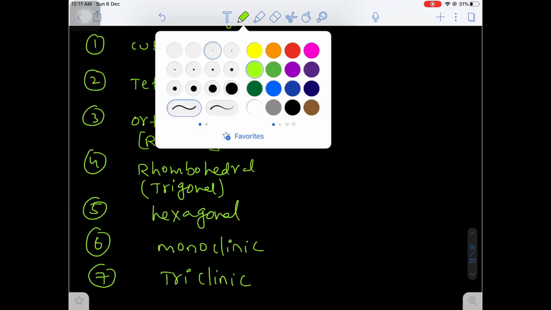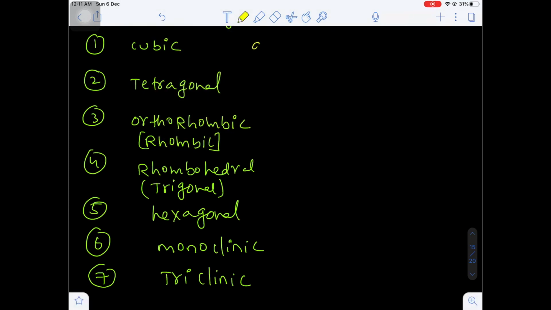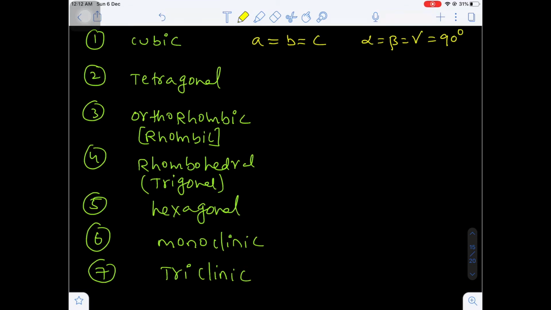Now what is the relation between a, b, c? Here a, b, c are the axial parameters. In the cubic system, a, b, c will be equal and the angles alpha, beta, gamma will be equal to 90 degrees. The three edge lengths are equal and the three angles are 90.